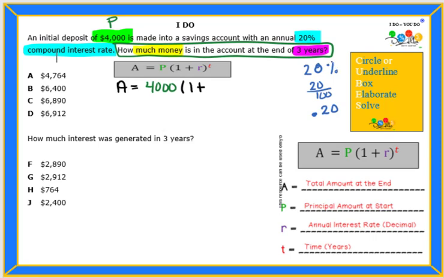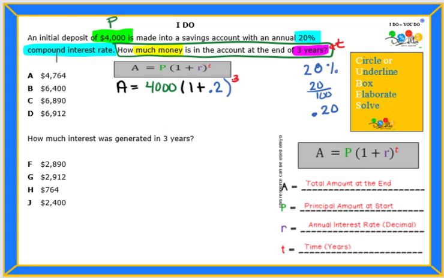Remember, we can drop our percent and then move the decimal 2 spaces to the left, and that leaves us with 0.20. But 0.20 and 0.2 is exactly the same thing, so we can actually put 0.2 to the power of T, and T is the number of years, and T is 3 years.